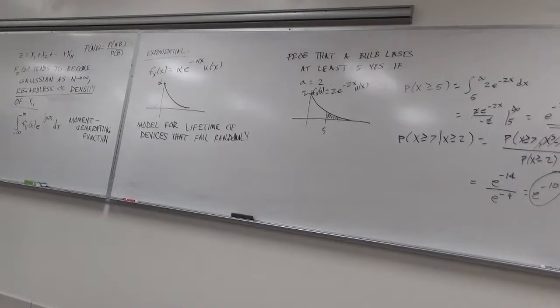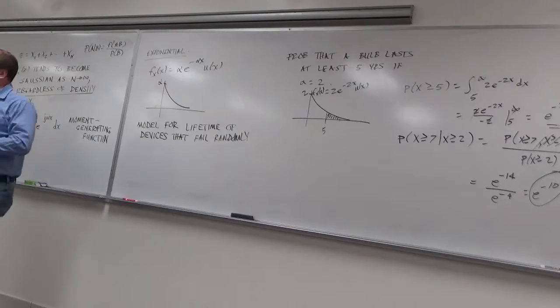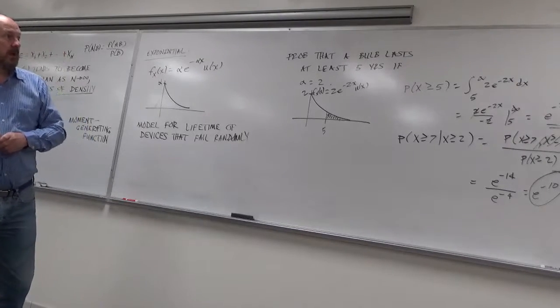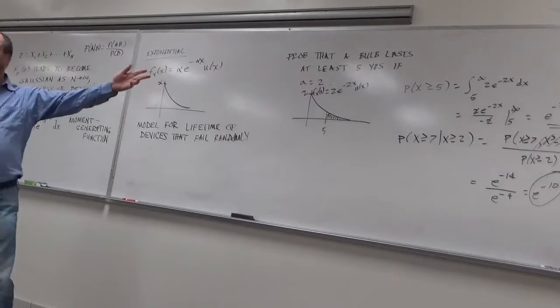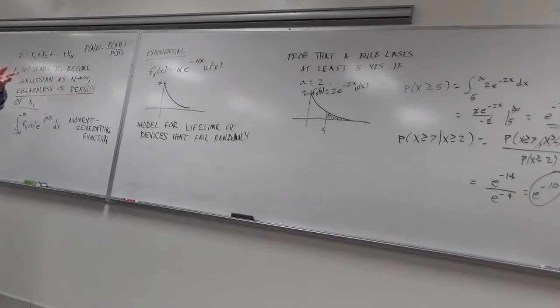No matter how long it's been in service, it's just like it's brand new. Its probability of lasting any particular amount of time would be absolutely the same, no matter how long it's been in service. And you might interpret that as, if it's already been in service for 25 years and it's still working, we must have got a good bulb. Okay?